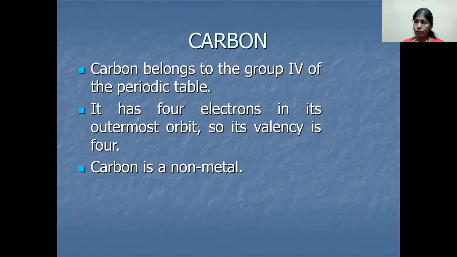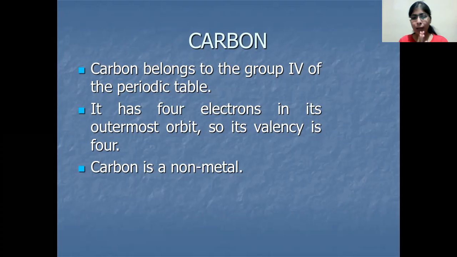Either it can form bonds by sharing electrons or by transferring electrons, that we will study later. But we should understand that if the valency is 4, then it can take 4 electrons to get stable, or it can lose 4 electrons to get stable.